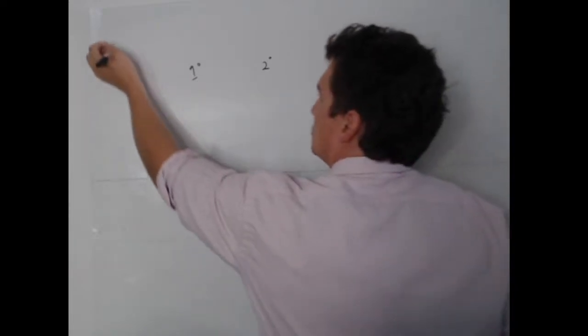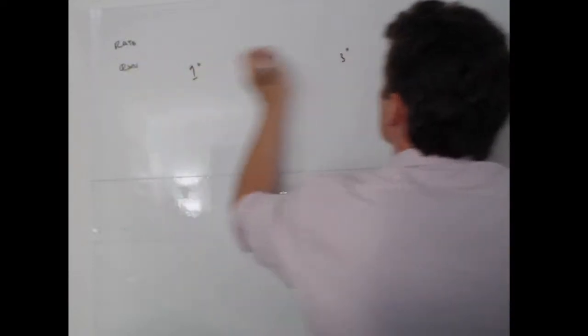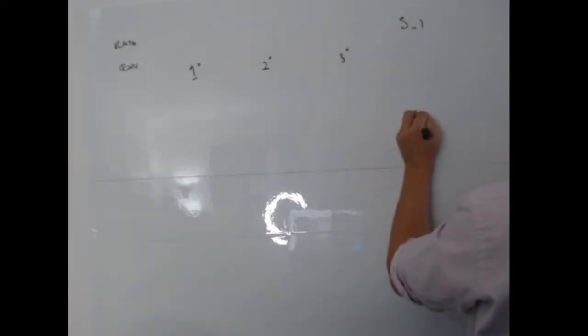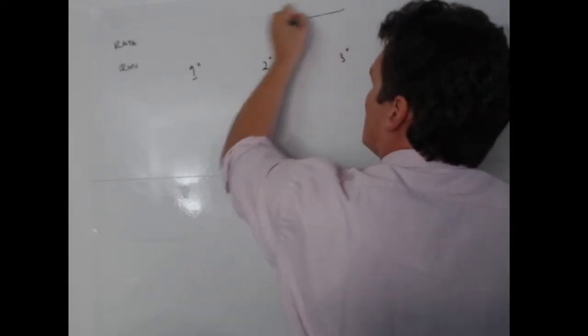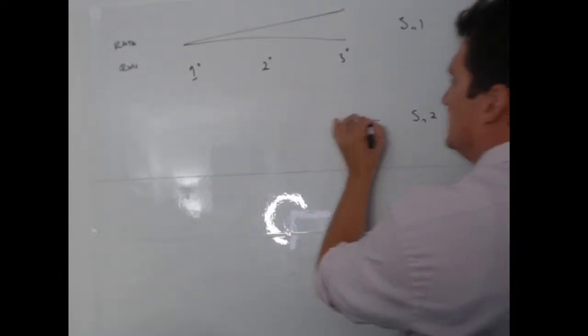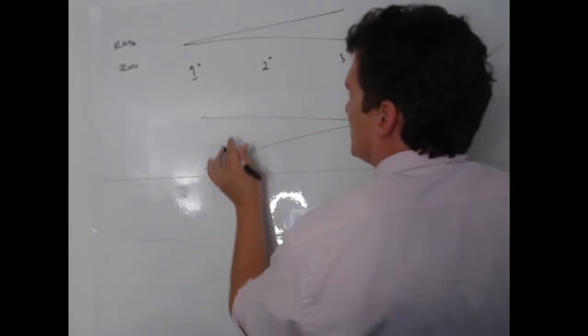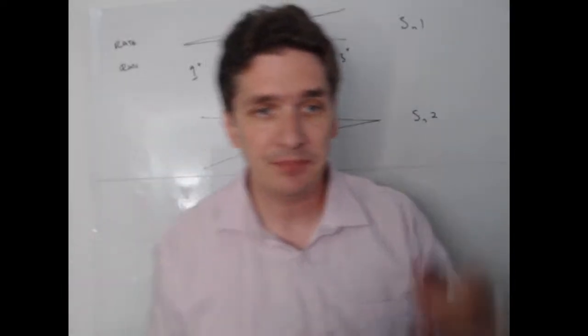So if you look at the rate of reaction, SN1 versus SN2, SN1 speeds up between primary, secondary, and tertiary. And SN2 slows down as you go from primary, secondary, to tertiary.